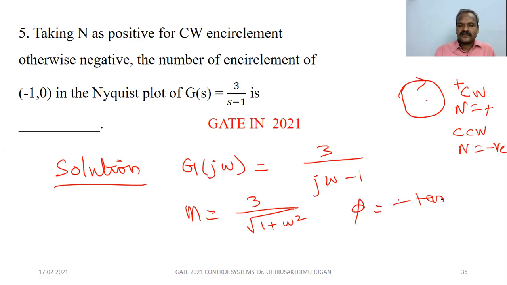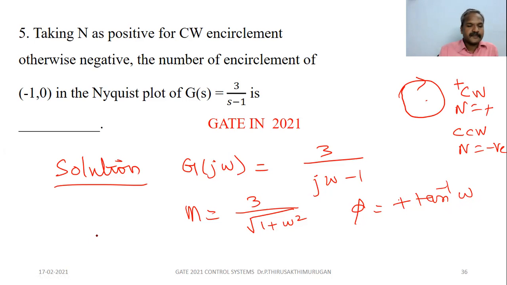It is minus tan inverse of imaginary by real, with the sign making it plus, from minus tan inverse of omega, so it goes to minus 270.